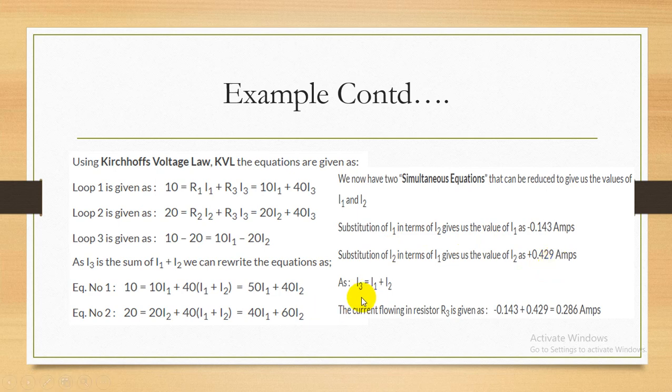As we know from KCL, I3 is equal to I1 plus I2. I3 is the current flowing through the R3 resistance, that is the 40 ohm resistance. Then current flowing in R3 is minus 0.143 plus 0.429, which is equal to 0.286 amp. Here the minus indicates that the direction of current which we took is in the opposite direction. That's why we are getting a negative value.